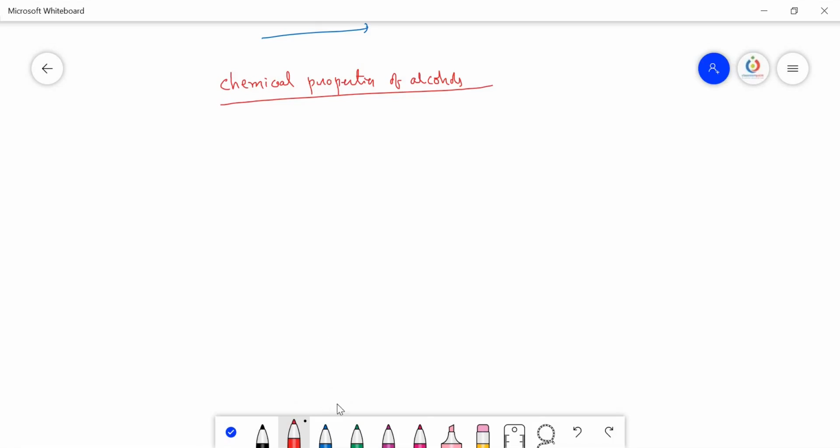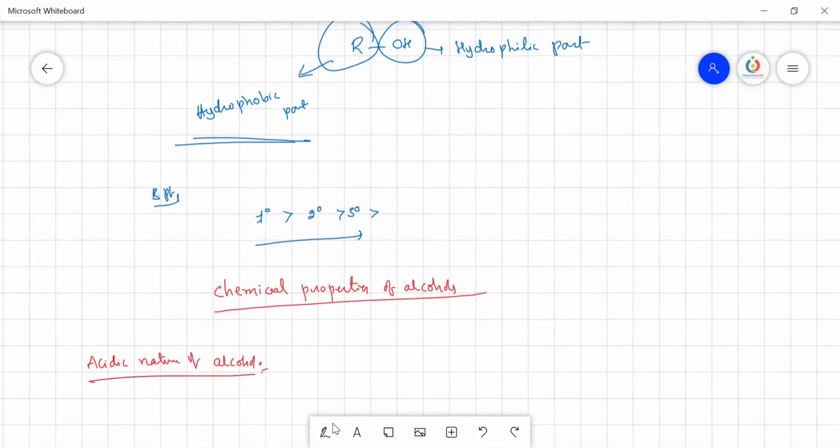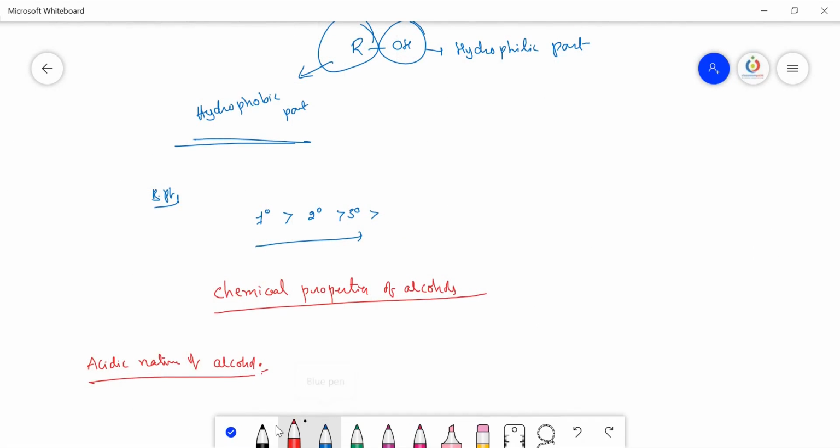So in the chemical properties of the alcohols, first of all, let us see acidic nature of the alcohol. And here in the physical properties, I forgot to inform one particular thing, that among the alcohols, methyl alcohol is so poisonous.